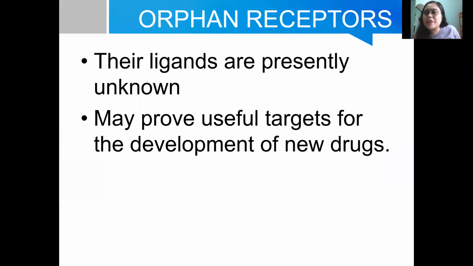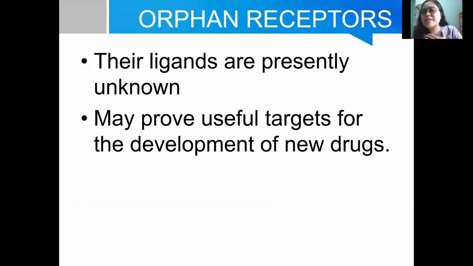From the word orphan, they are called orphan because presently, their ligands are unknown. Again, currently, their ligands are unknown. When you say ligands, class, these are original substances in the body that bind to that specific receptor. So the orphan receptors are subject to study.